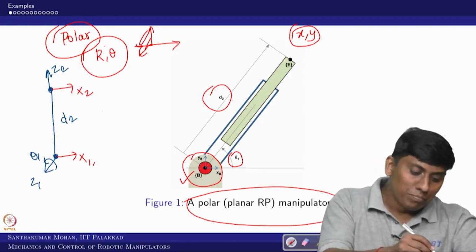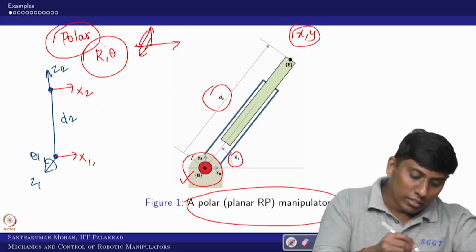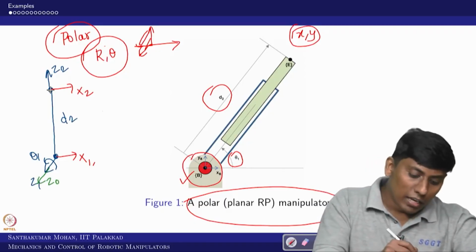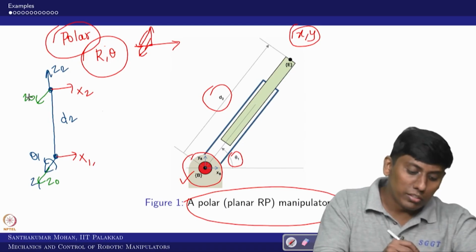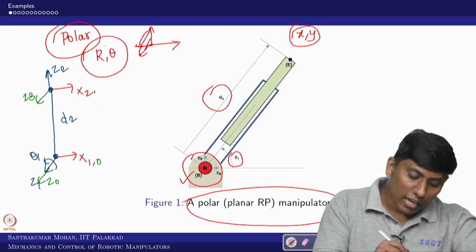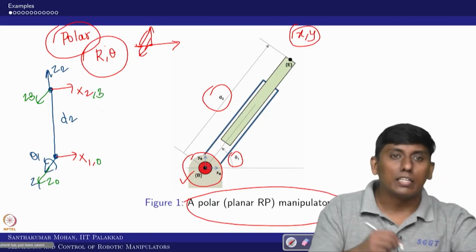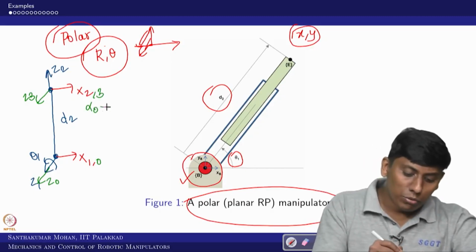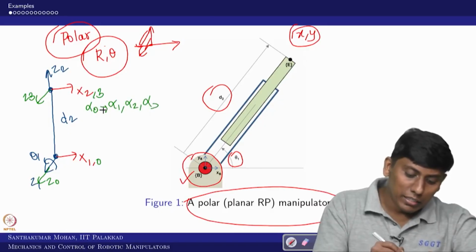Further, I have plenty of choice: my z0 can also be parallel with z1, and z3 I can choose in such a way that it is parallel to z0. I can take everything parallel, in the sense there is no alpha. So, alpha 0, alpha 1, alpha 2 and alpha 3 are all zeros.